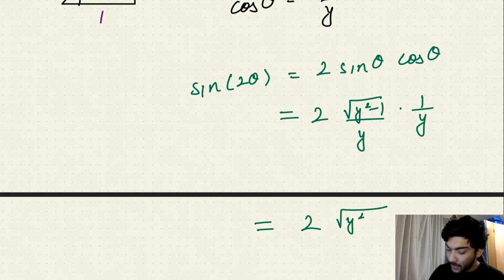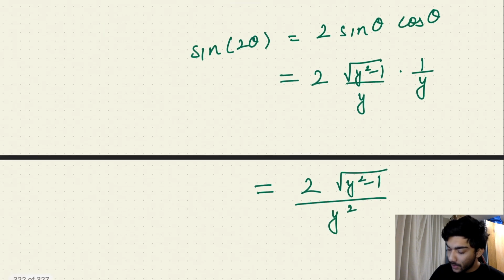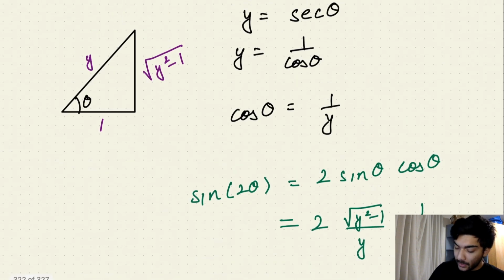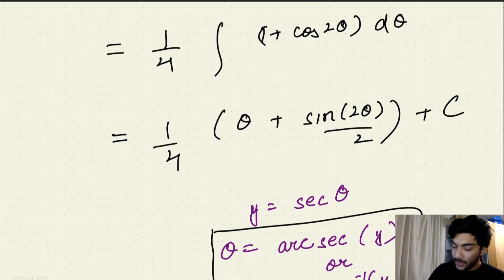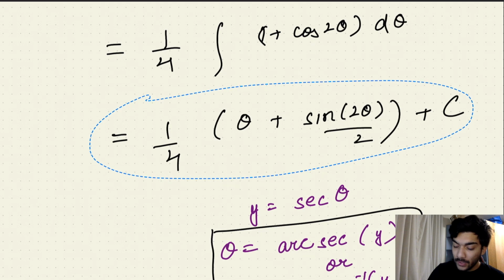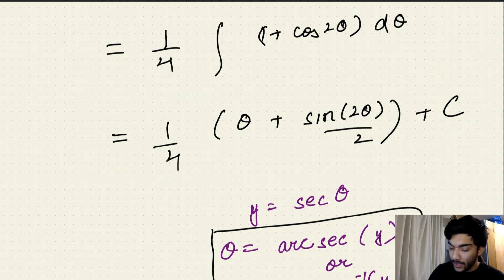So this expression will be simplified to twice of square root y square minus 1 upon y square. So this is an expression for sine of 2 theta in this case. So you got the expression for sine of 2 theta, you also got the expression for theta. Now you can easily solve for this answer over here, right?